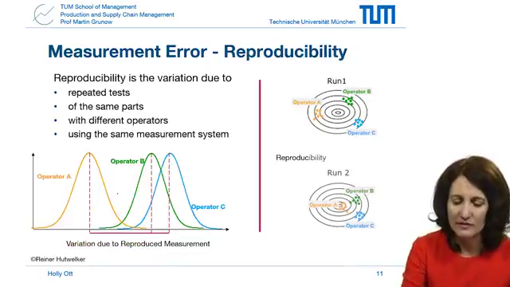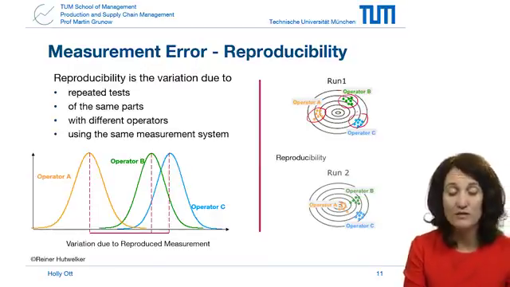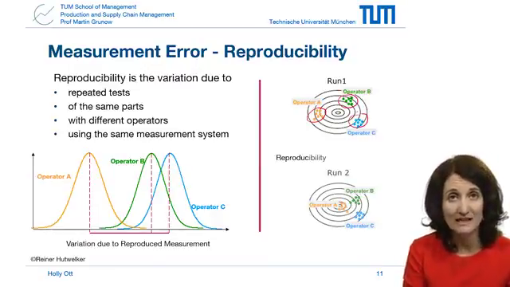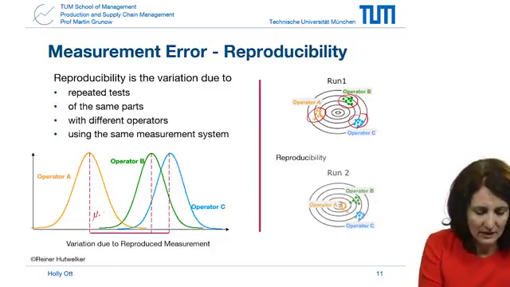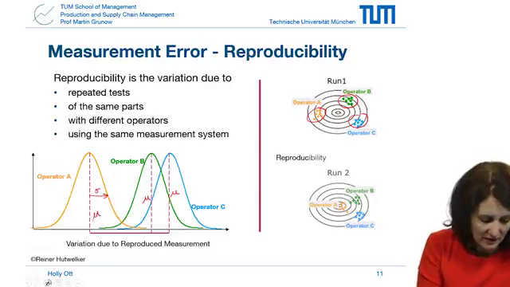As opposed to reproducibility, where here we have three different operators all taking measurements. And again, they're not exactly the same, but we're interested in the difference between the operators in this case.